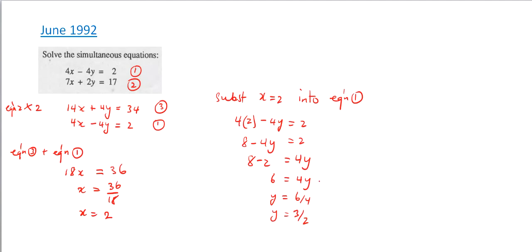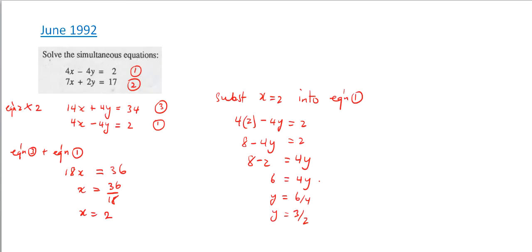And like I said, we can always substitute our values of x and y into the equation and see if they work. So let's take equation 1. 4 by 2 gives me 8 minus 4 multiplied by 3 over 2, and that'll give me 2.